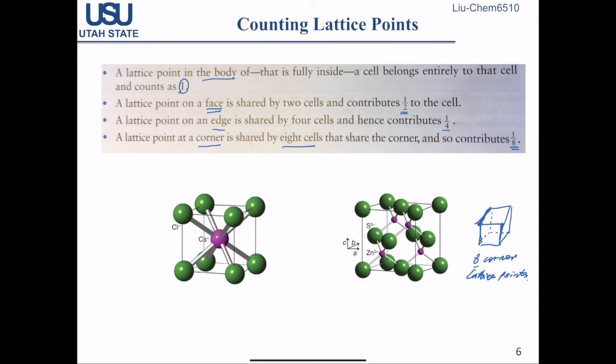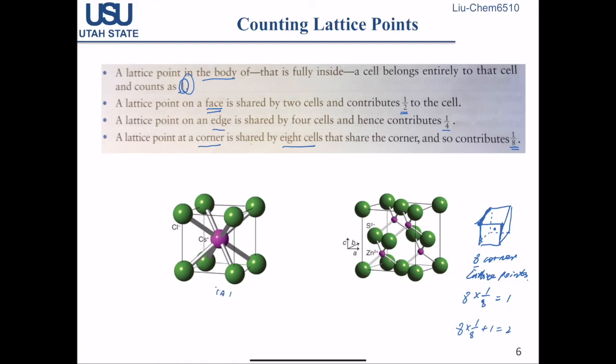Since they are at the corner, each point can be considered as 1/8 to each unit cell. So in this case, for this unit cell, we only have one lattice point that can be counted. Okay. Then if we add a body centered lattice point here, then what do we have? The body centered one is counted as 1. We are going to have 8 times 1/8 plus 1. We have 2 lattice points for this body centered cubic cell. Okay, so here are 2 real examples shown here.